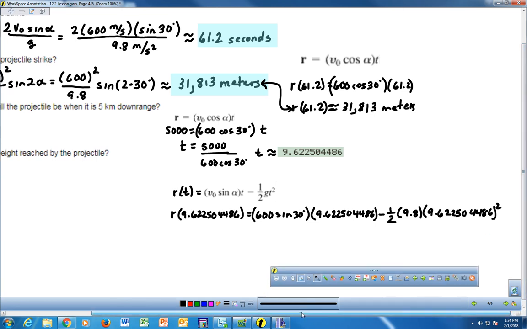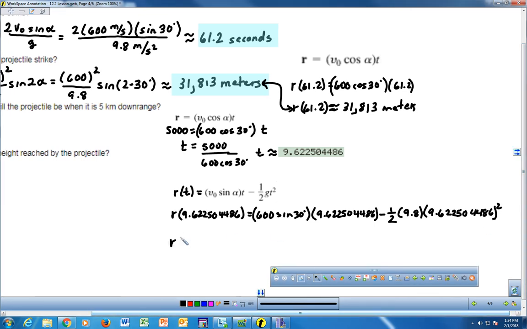And that should give us the vertical distance, the height at which it is going to be whenever it reaches the 5 kilometer range.